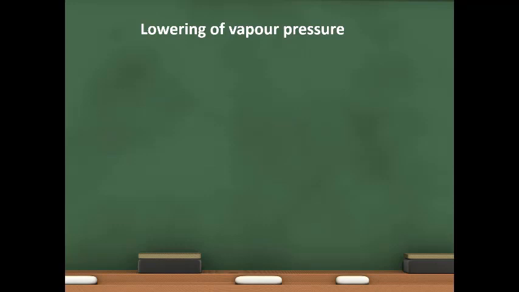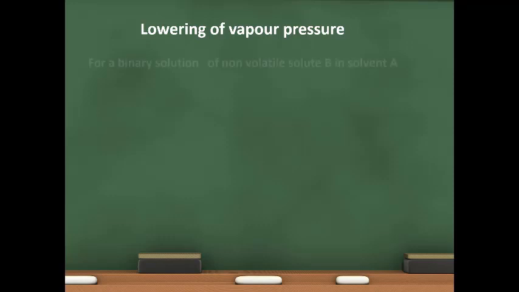We will learn now the first colligative property, lowering of vapor pressure. It is known that vapor pressure of a liquid decreases when a non-volatile solute is dissolved in it. Raoult established a relation between the vapor pressure of a solvent in a solution and its mole fraction.